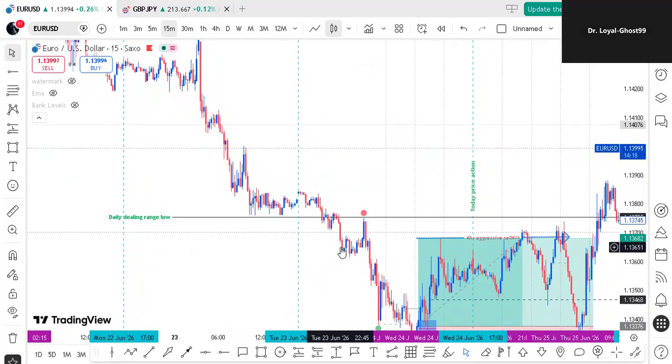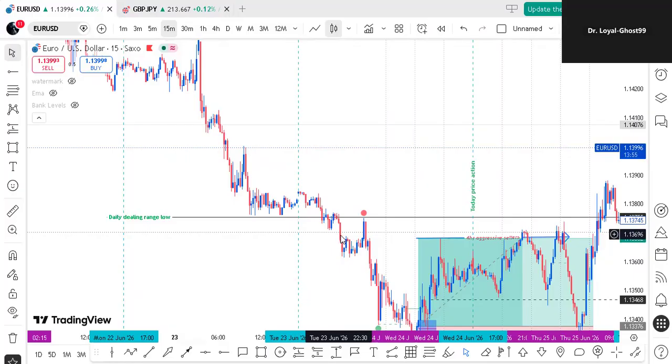What did price action do in the next 4 hours after the opening? We noticed that price continued to trend downwards, still showing the supply stronger than the demand.